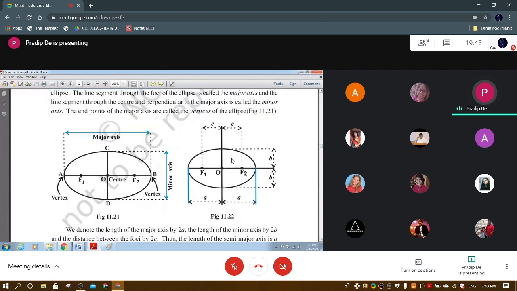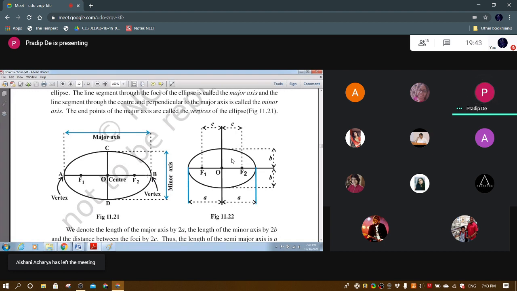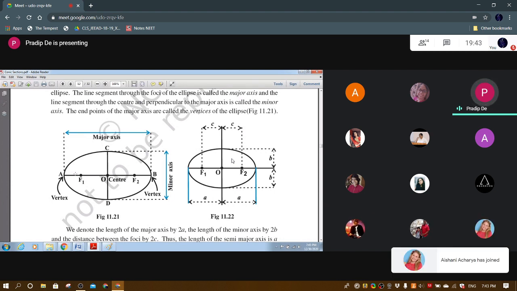So here, this is the ellipse. There are 2 lines of symmetry. The first one joining F1 and F2 and producing them. If they meet the ellipse at the points A and B, then the line AB, which definitely passes through the center O, is the largest chord through the center. In fact, this is the largest chord also.